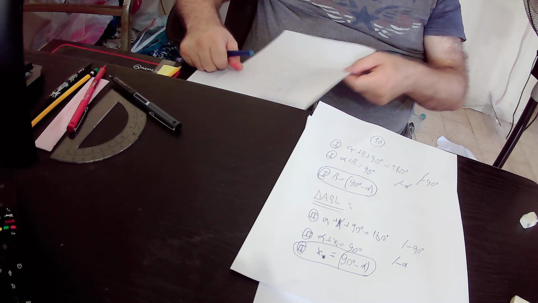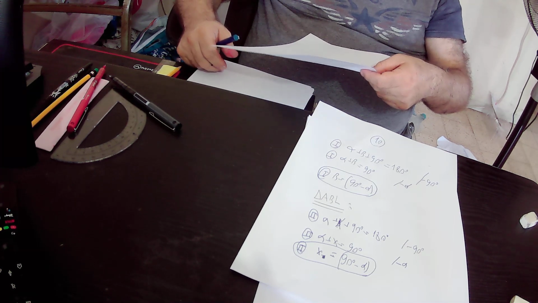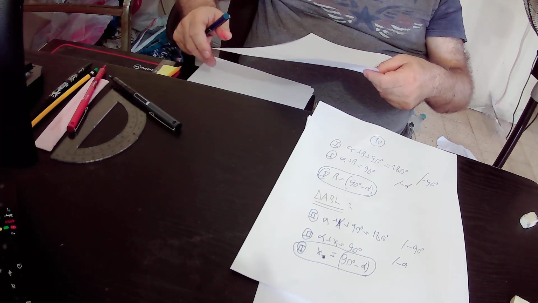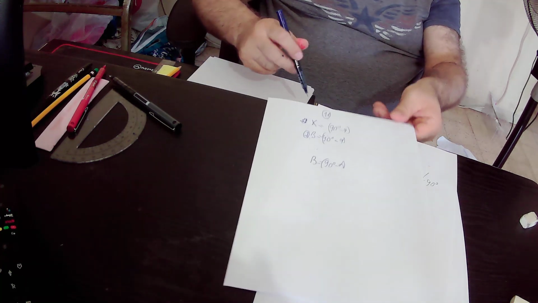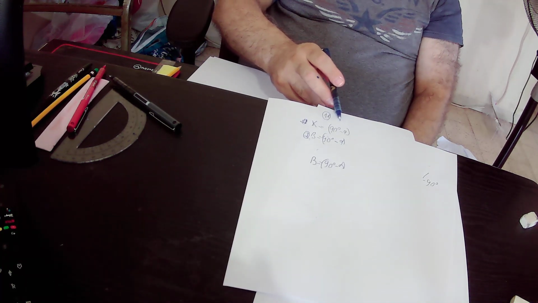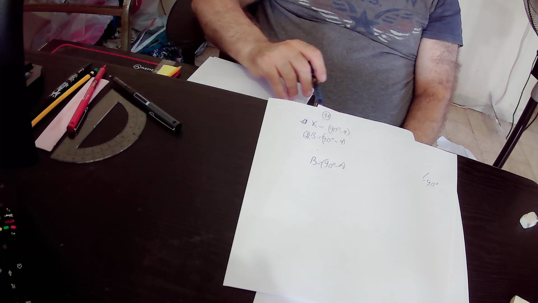But according to equation number 2, 90 degrees minus alpha equals x.